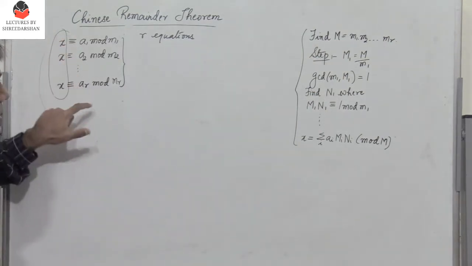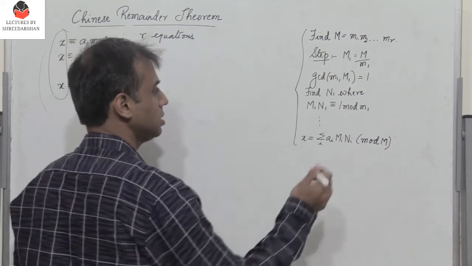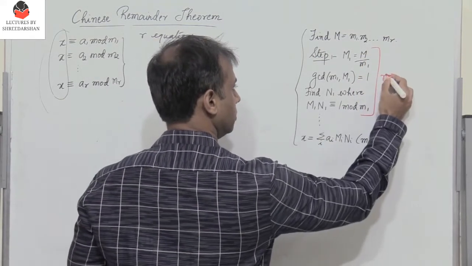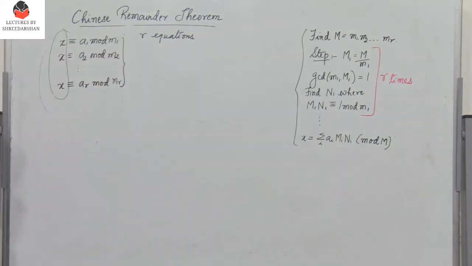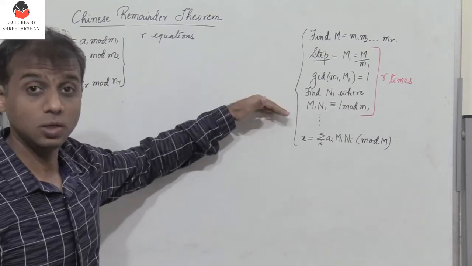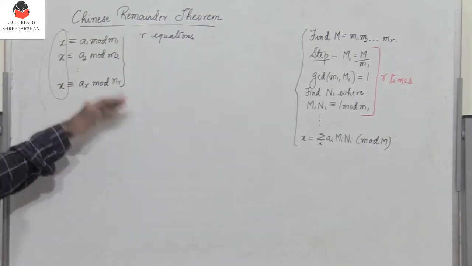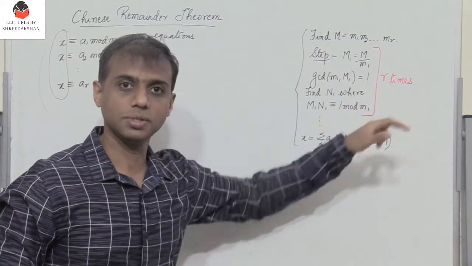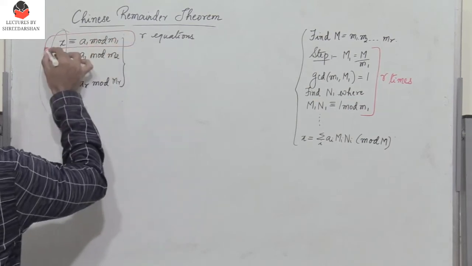Now if I have r equations, the next step is repeated r times. If I have two equations, you repeat this step twice. If I have three equations, you repeat the step thrice. So if you have r equations, you repeat this step r times. Let's assume I have considered the first equation.